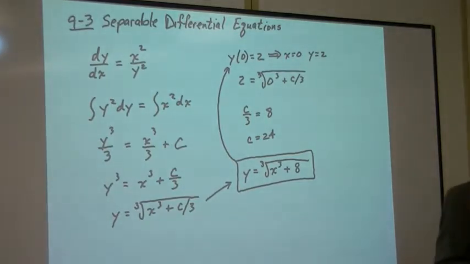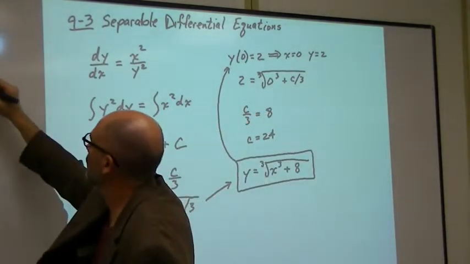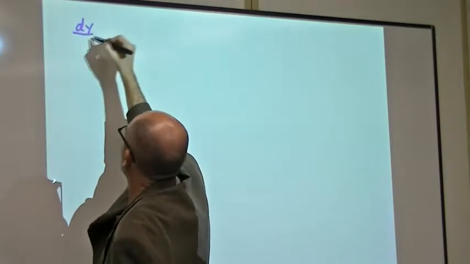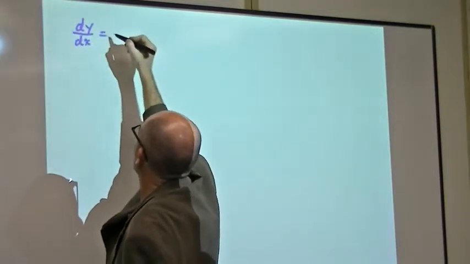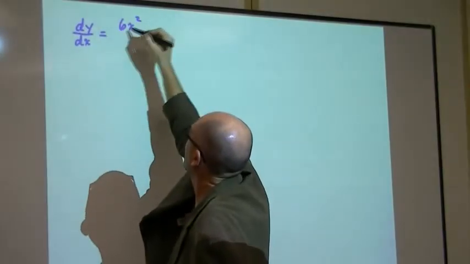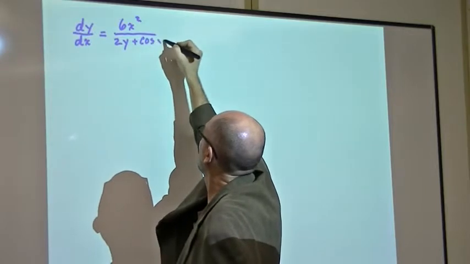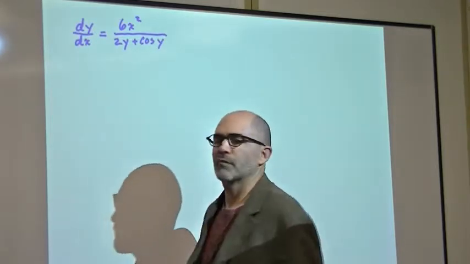Let's check out example 2: dy/dx equals 6x squared over 2y plus cosine y. All right, same thing.